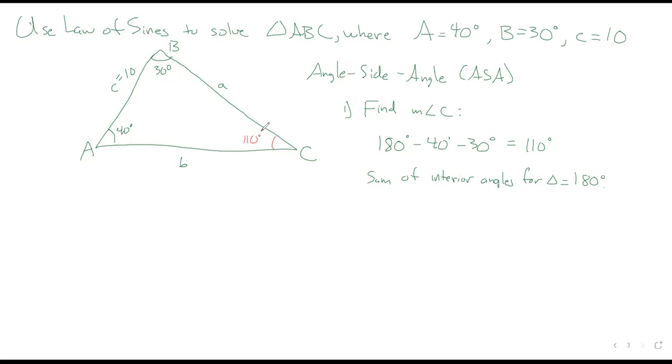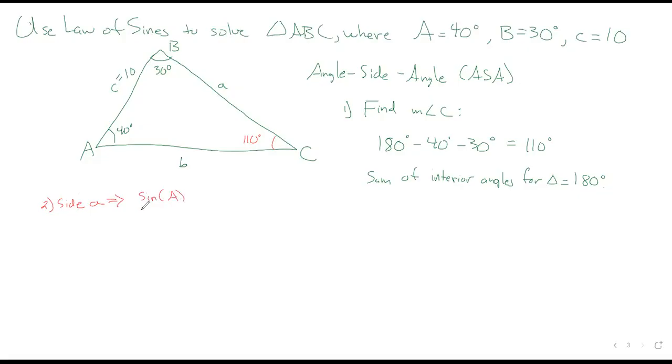Okay. Now we move on to finding the two sides. So the second thing we're going to do here is find side A. So we're going to use the law of sines.